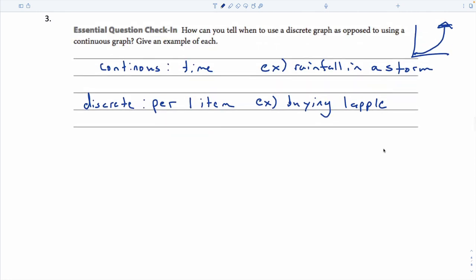Any discrete graph examples besides buying an apple or one banana? What about scoring points in a game?